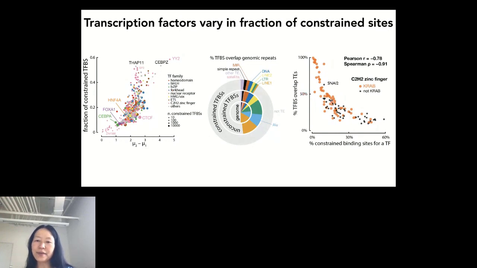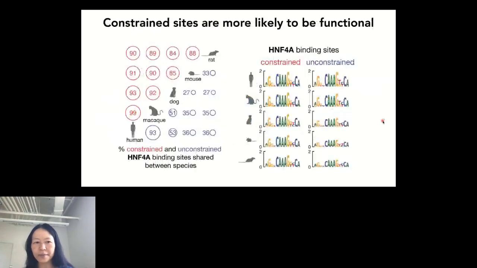There is a specific family, the KRAB zinc finger transcription factors, that show very small constrained subsets, and they overlap a lot with transposable elements. We could go into all the details, but due to the time constraint, I'm going to skip over this part briefly and focus on what we can do with these constrained subsets.